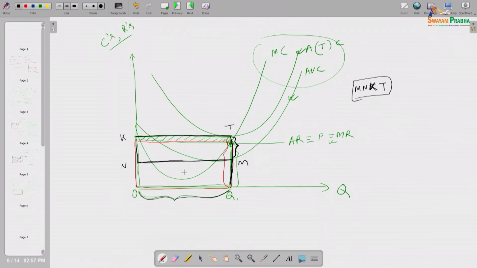Look at here, if he stops production, he has to incur the entire fixed cost, because this is a short run situation, right. So, at that time what will be his profit?